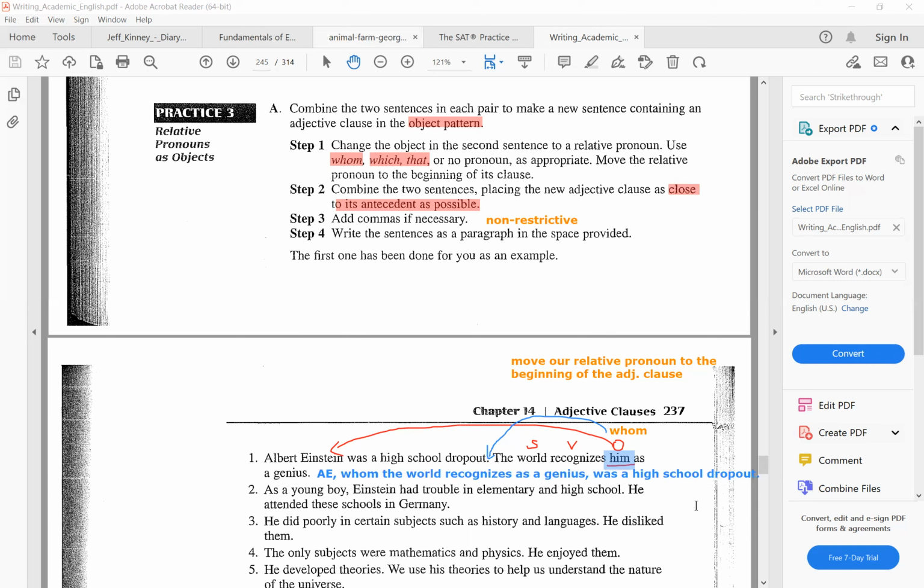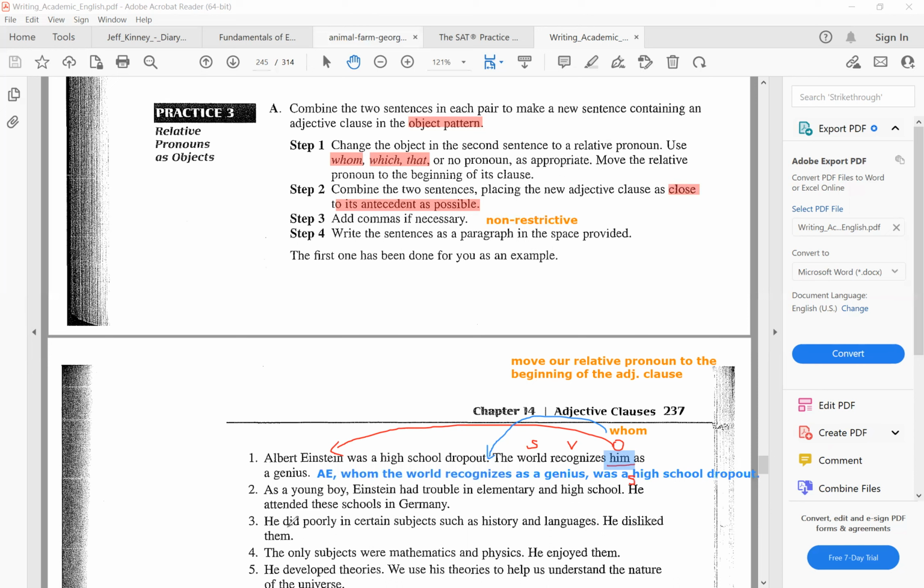Okay, so let's do one more. As a young boy, Einstein had trouble in elementary and high school. He attended these schools. So you can see in the second sentence, what is the object?